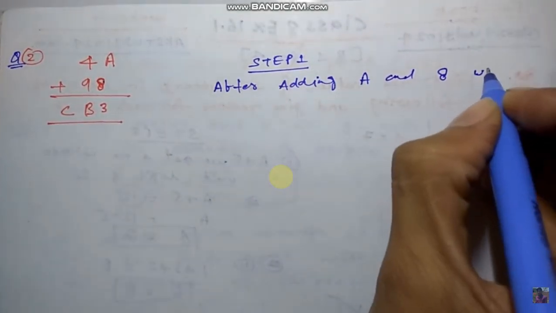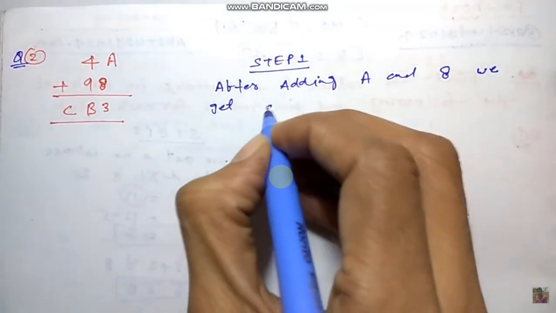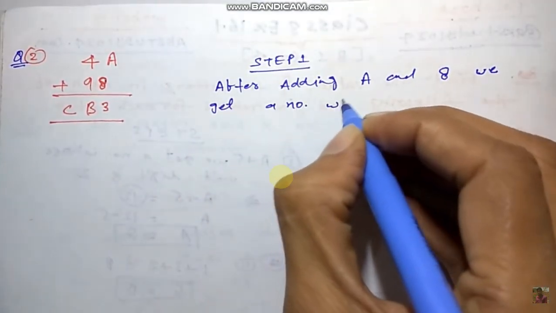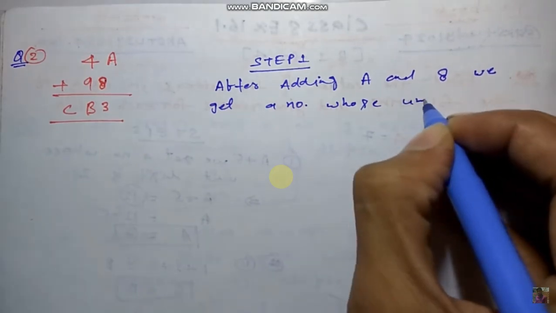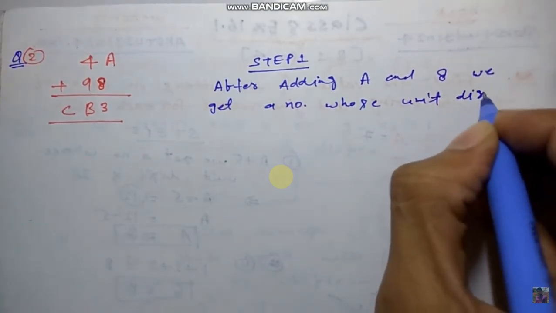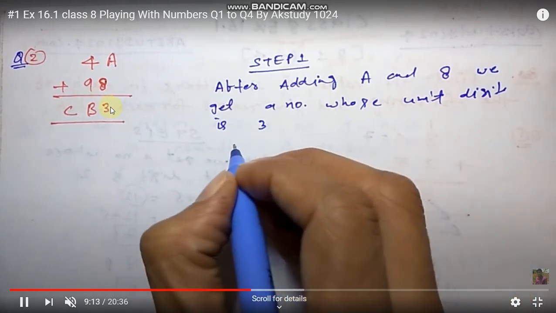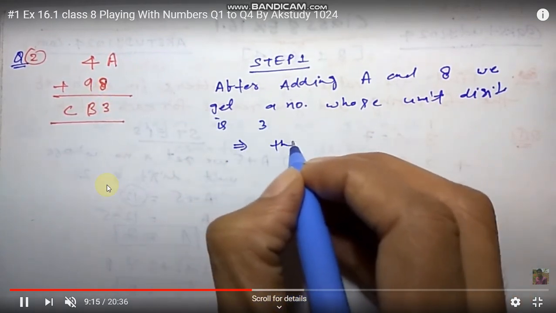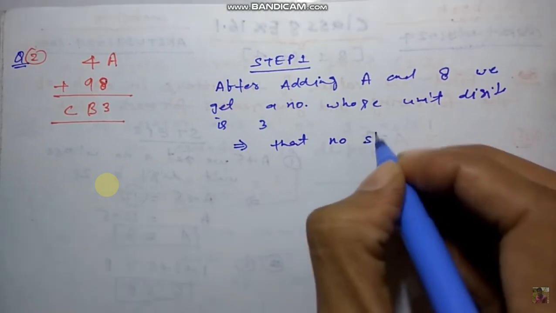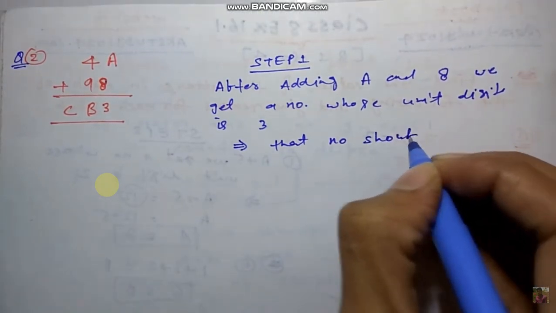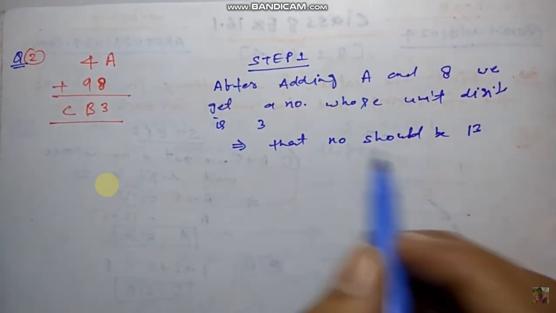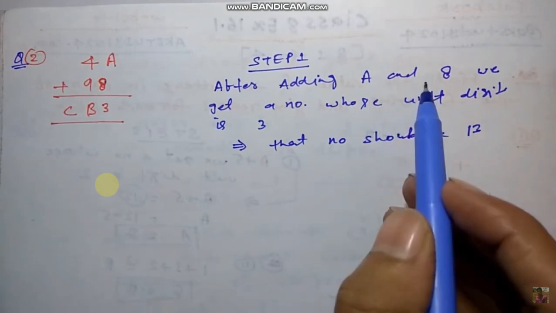Step 1 says that after adding A and 8, we get a number whose unit digit is 3.